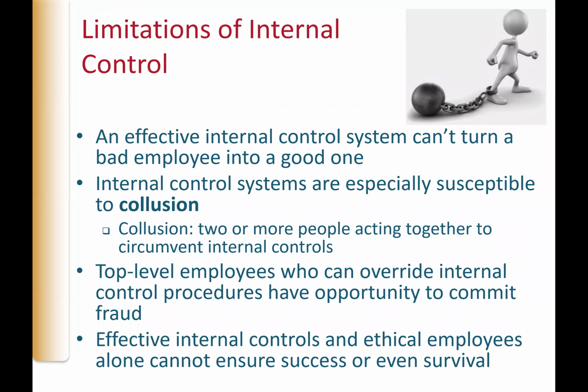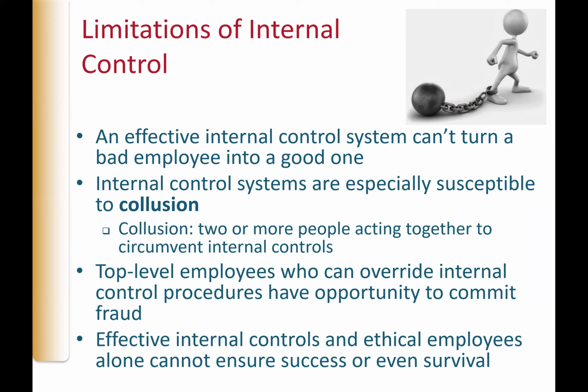An effective internal control system can't turn a bad employee into a good one. And collusion is a problem. Even with internal controls, they're susceptible to collusion, because if two or more people start acting together to circumvent internal controls, such as the person who orders the inventory and the person who's accounting for it, you've got a problem.